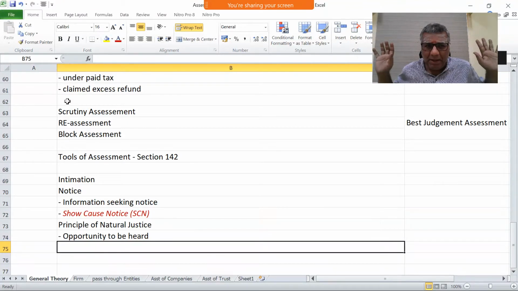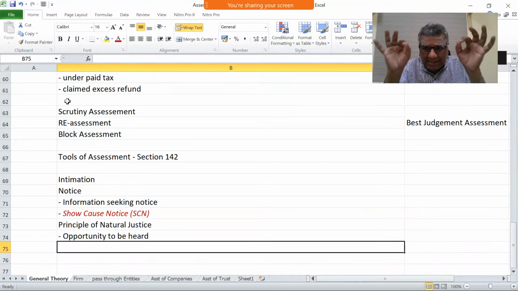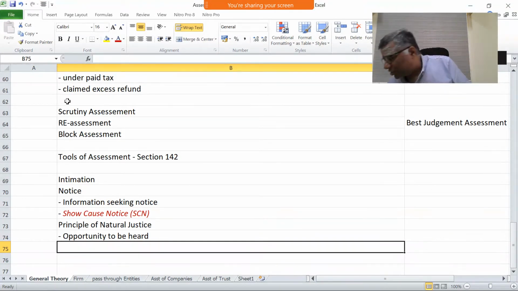So let me be very clear. What is assessment? What are all the types of assessment? What are all the tools? We are going to study what are all the tools. What the tools are said in 142. What is an intimation? What is a notice? What are all the types of notice? And the principle of natural justice.